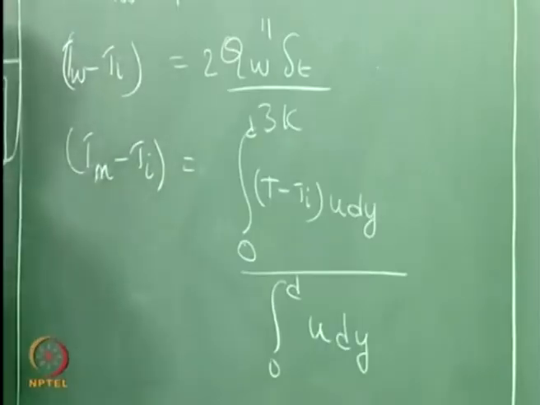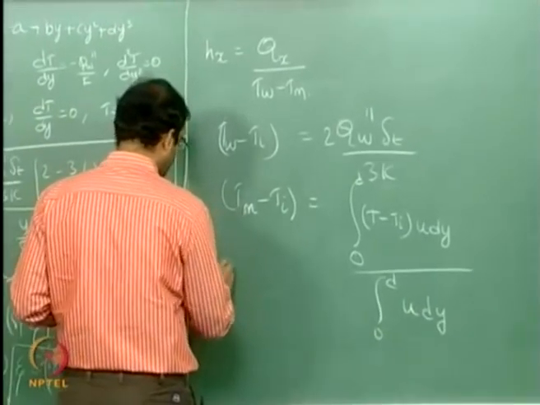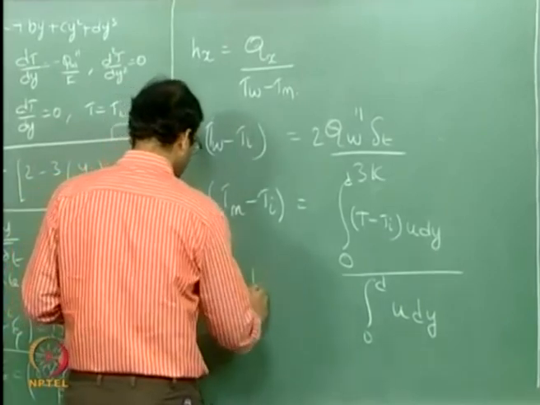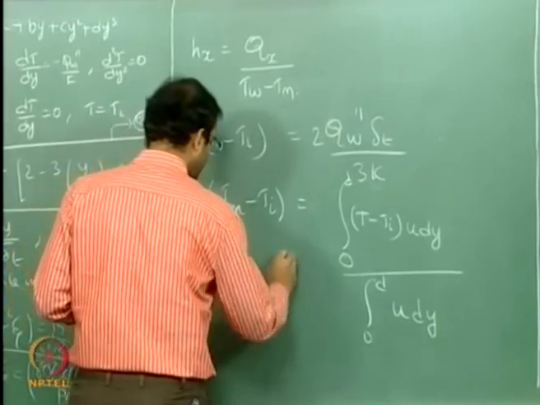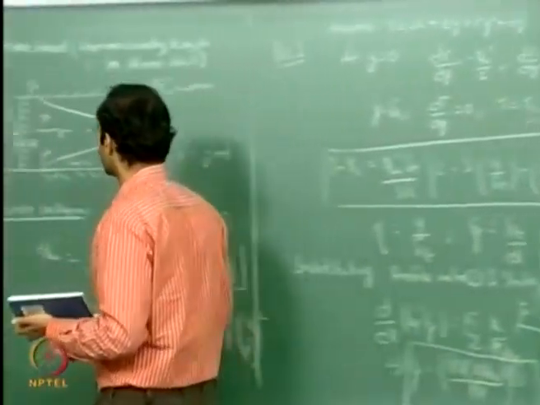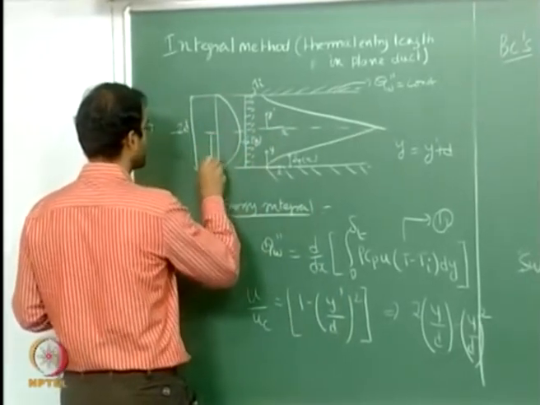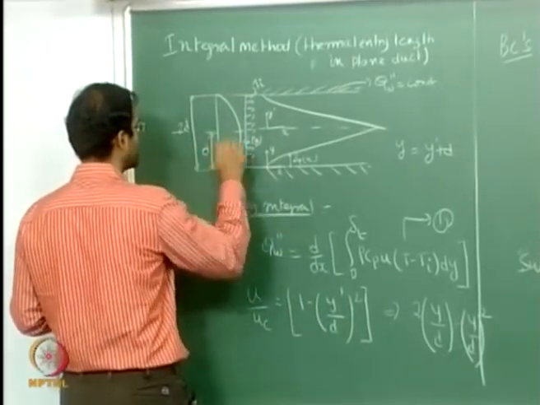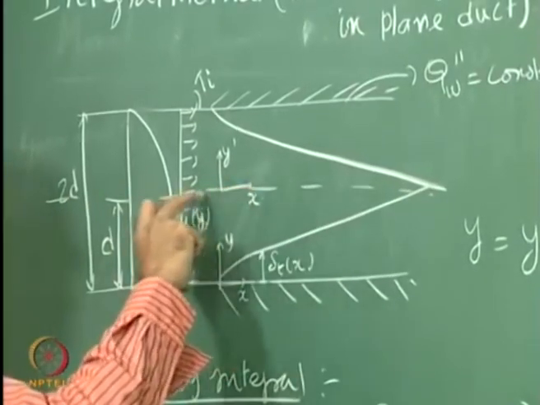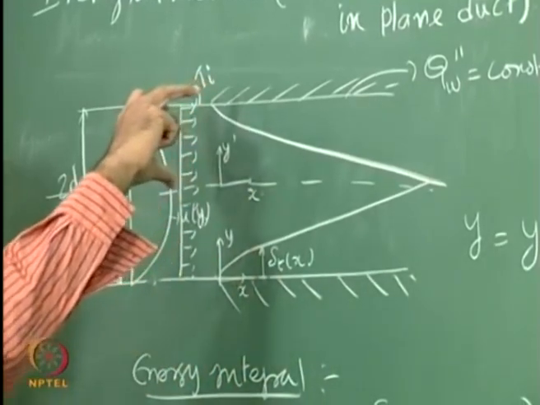Okay, so we know that I can calculate my mean velocity based on 1 by d integral 0 to d u dy. So I can define a mean velocity from 0 till d, because the boundary layer growth at the bottom plate is affected by the velocity profile from 0 to d, and for the top profile it is exactly symmetric.